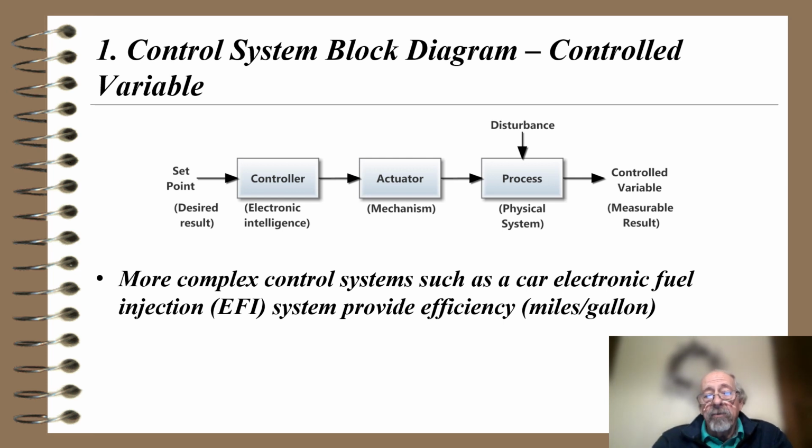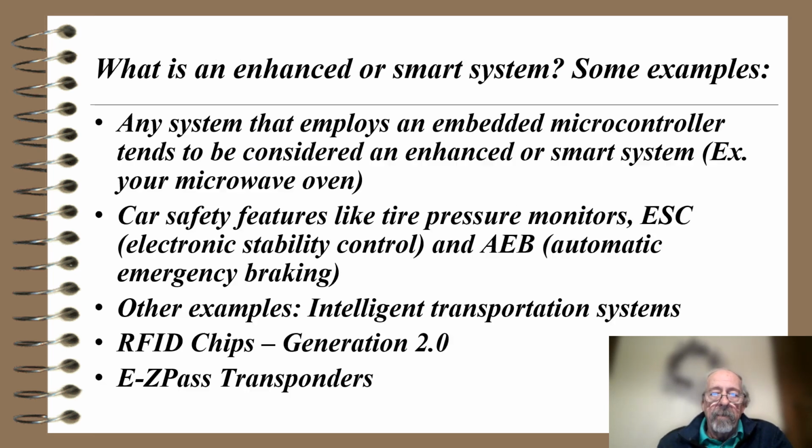A more complex control system, such as a car electronic fuel injection or EFI system, provides efficiency in miles per gallon, as well as smog or pollution reduction. So we might ask the question, what is an enhanced or smart system? Any system that employs an embedded microcontroller tends to be considered an enhanced or smart system.